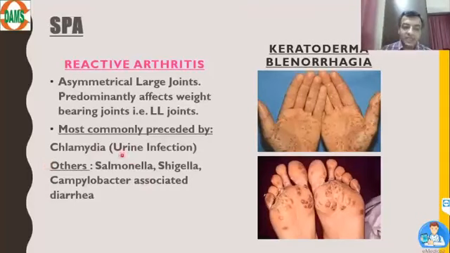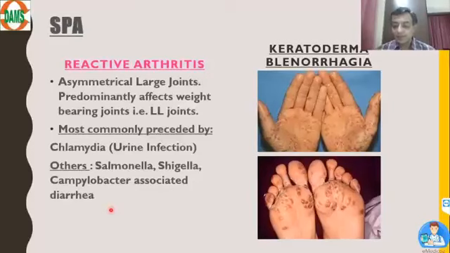But as you can see, reactive arthritis also, some of them can be preceded by diarrhea. That is the problem here. Reiter's syndrome is the old name for reactive arthritis, though no longer used.